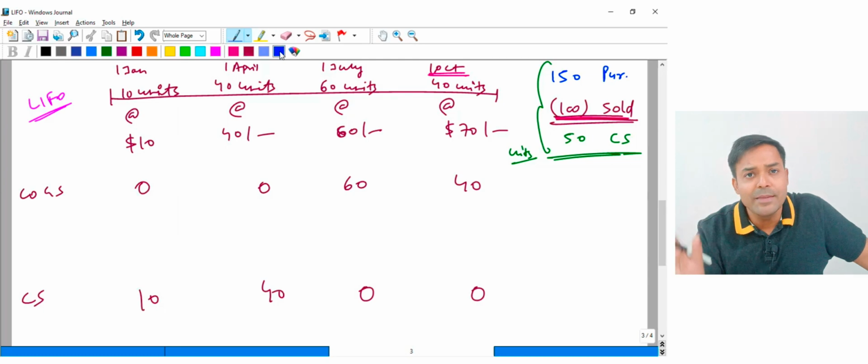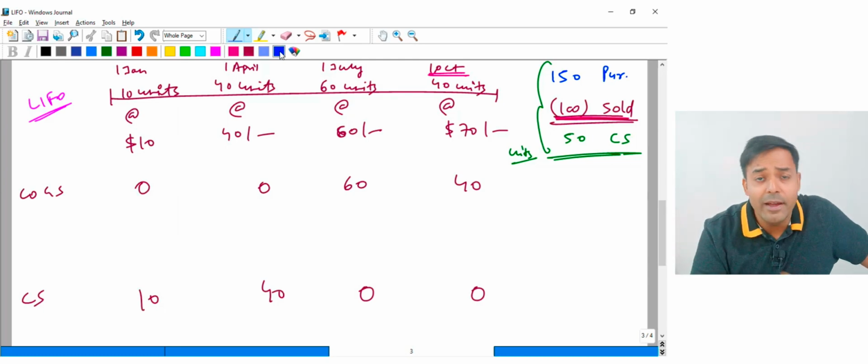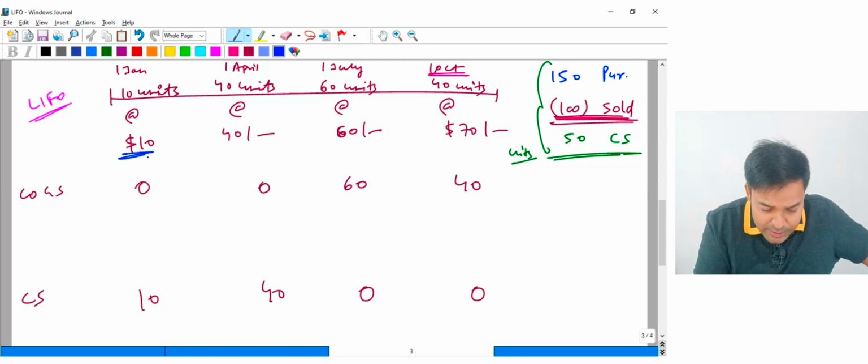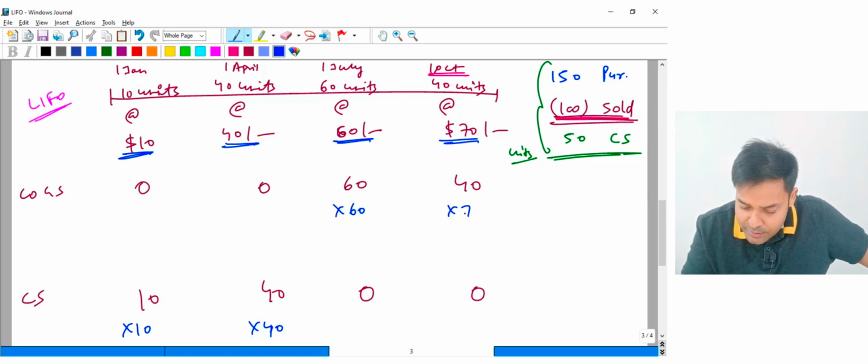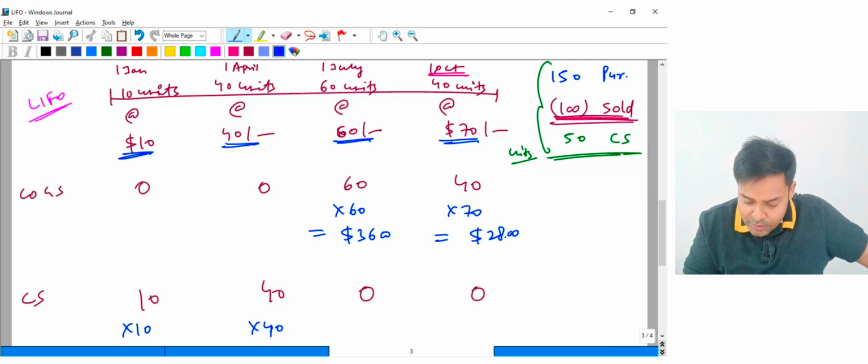After that, it's very simple. You just need to plug in the monetary values, the dollar values. So it is $10, $40, then 60 into 60, and 70 into 70. It is $3,600. It is $2,800.